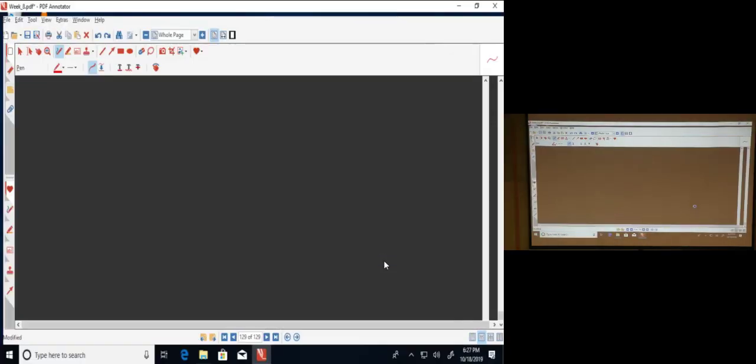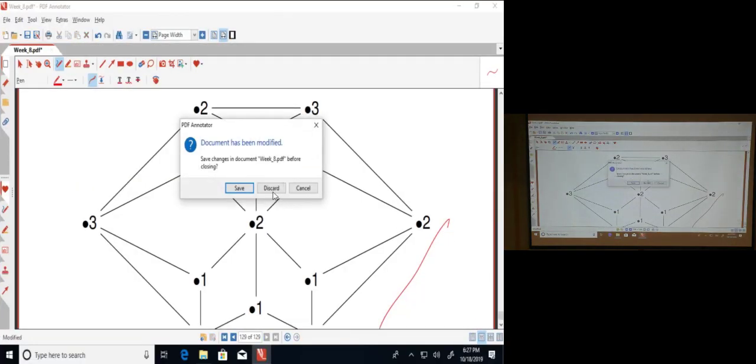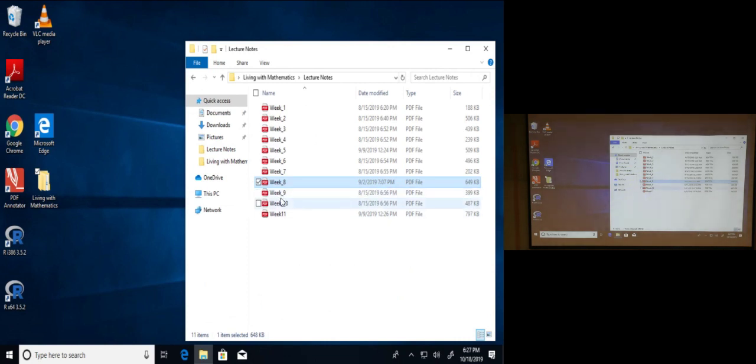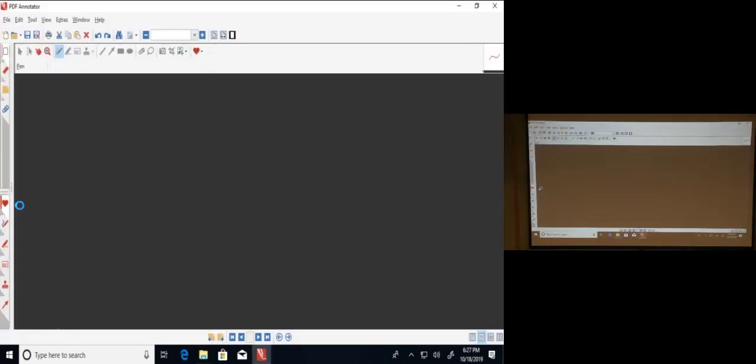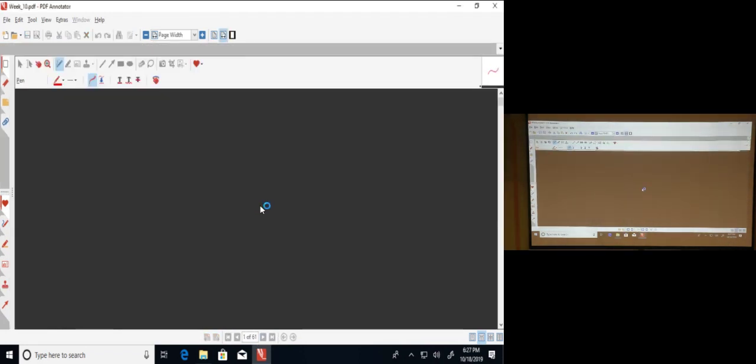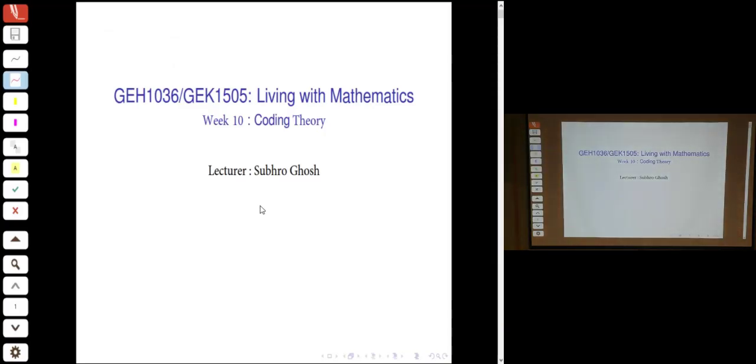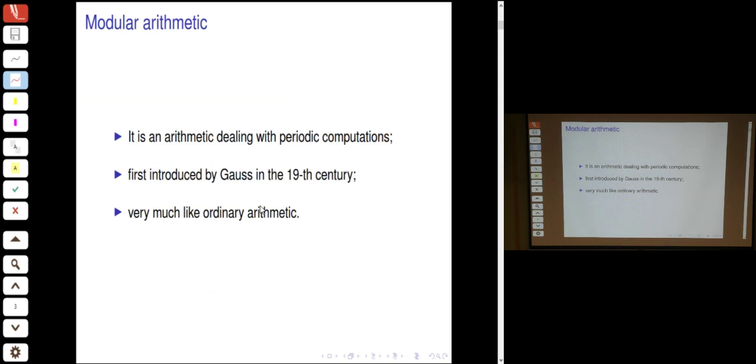Okay. So, let us now move on to the domain of coding theory. In coding theory, we will first study modular arithmetic. So, what is modular arithmetic?